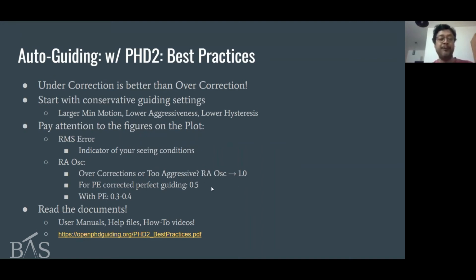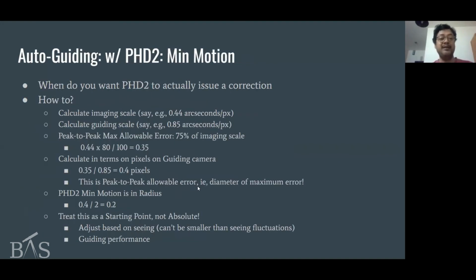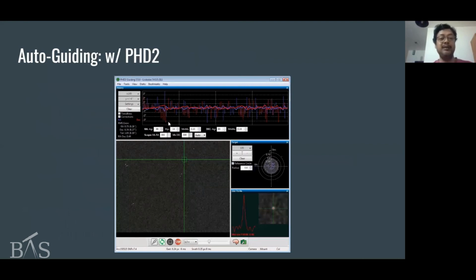For a PE corrected mount, with no periodic error or low periodic error, or perfect guiding, this RA oscillation value would be near 0.5. Okay, so how do you say my guiding is fantastic? There are two things. First, your image has no trails and your stars are perfectly round.